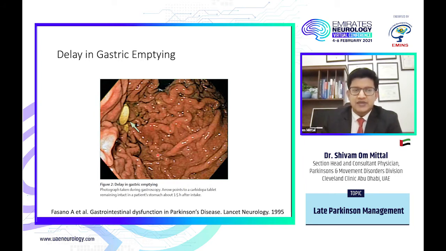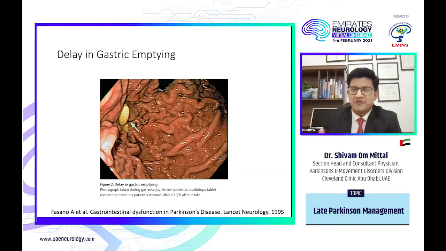And you can see this is a very interesting photograph of a gastric mucosa. So this patient was scheduled for a Duopa pump, and the patient took a Sinemet levodopa carbidopa medication 2 hours before the procedure, and the patient still had the Sinemet lying undissolved in the pylorus region of the stomach, and the actual absorption takes place in the small intestine.